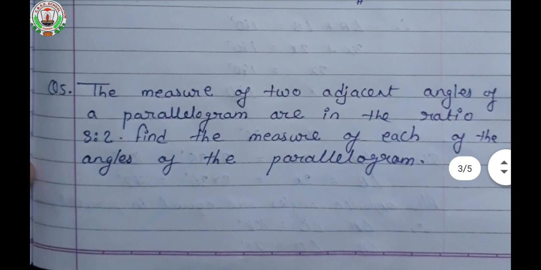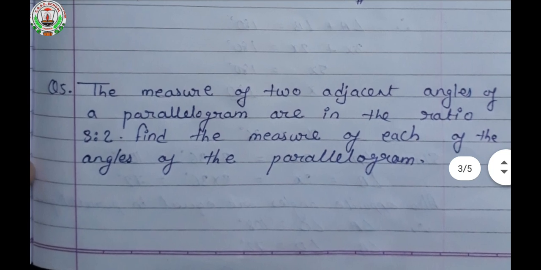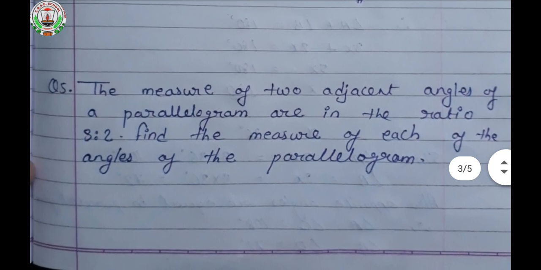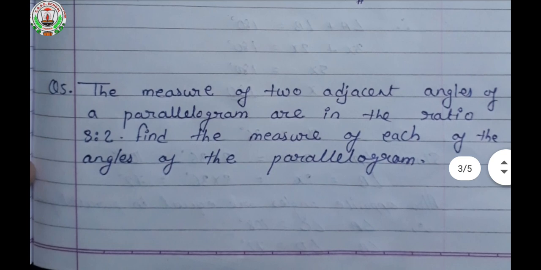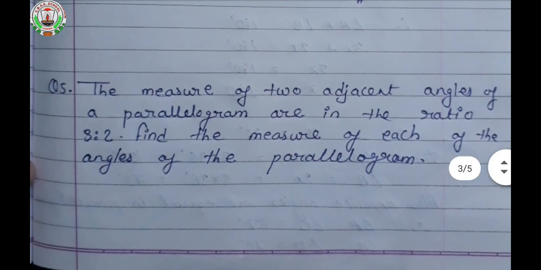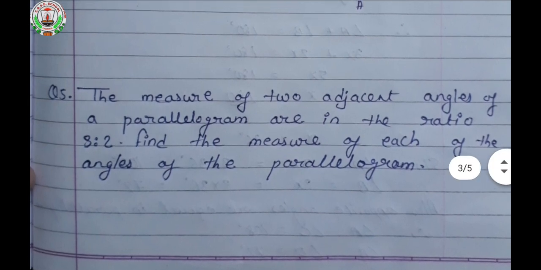Okay, here it is said that two adjacent angles of a parallelogram are given in the form of a ratio, that is 3:2. Now this ratio you have to find in the form of angles.